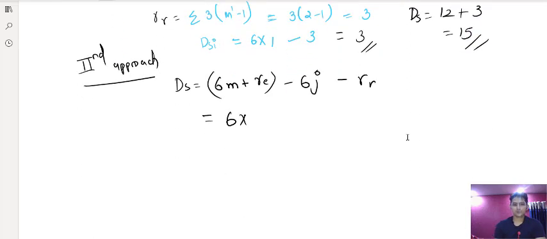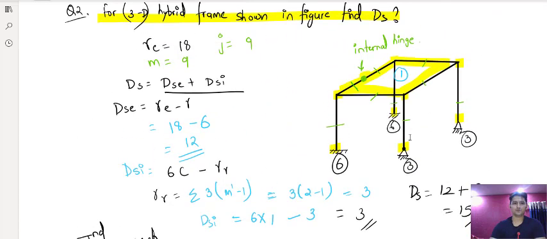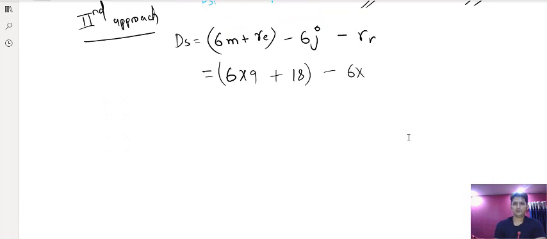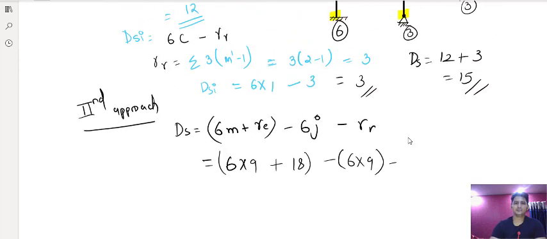So put the values: 6 times m, the number of members is 9, plus RE, which is 18, minus 6 times J, where J is the number of joints. Joints are also 9. Then minus RR, the value of released reactions, which is 3.